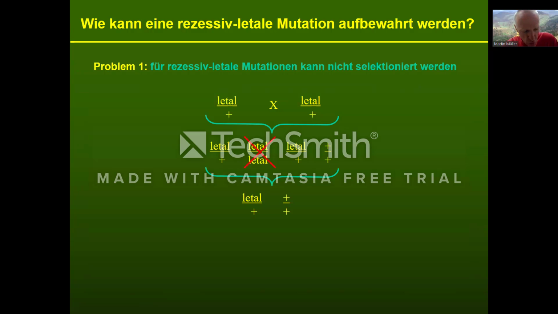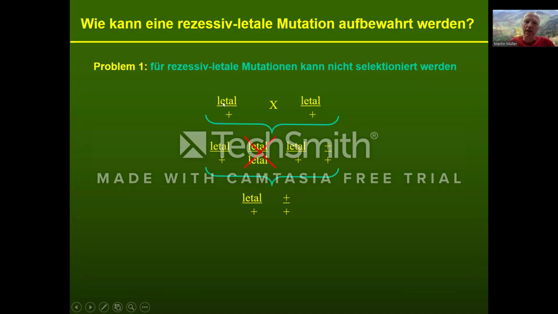So I mentioned to you that Christiane Nüsslein-Volhard and Eric Wieschaus isolated many lethal mutations, homozygous lethal mutations, which didn't have a phenotype as heterozygous. So if there is one lethal copy here, one gene with a lethal mutation and a wild type copy, this fly here doesn't have a phenotype. So how should you select for it?